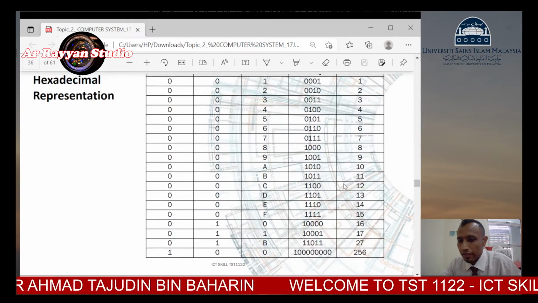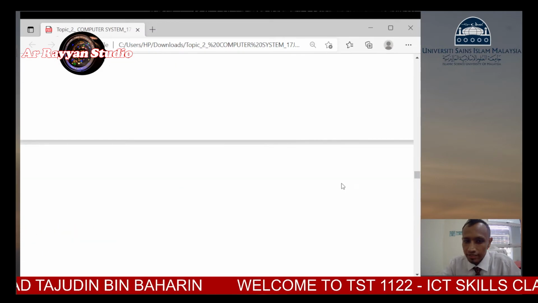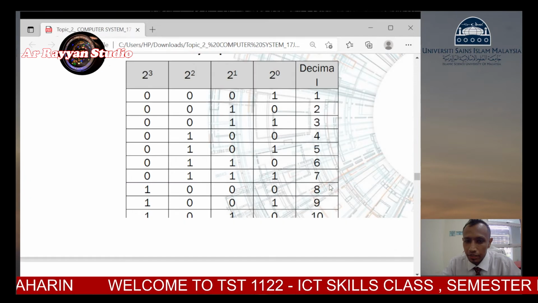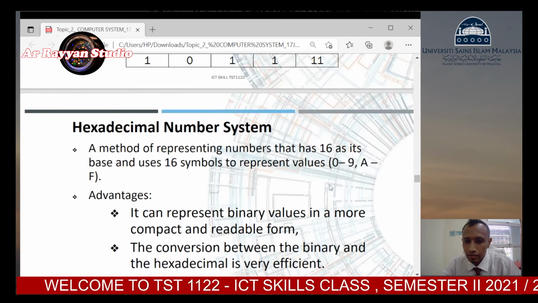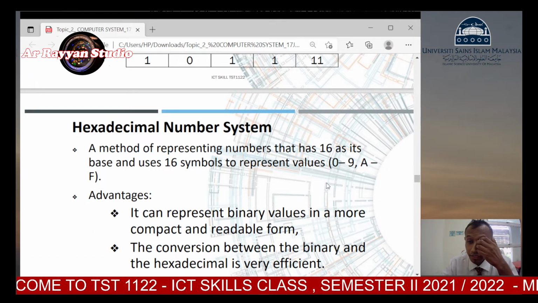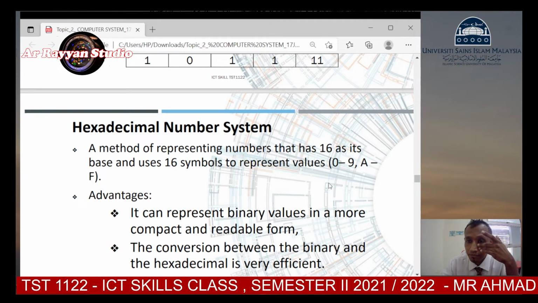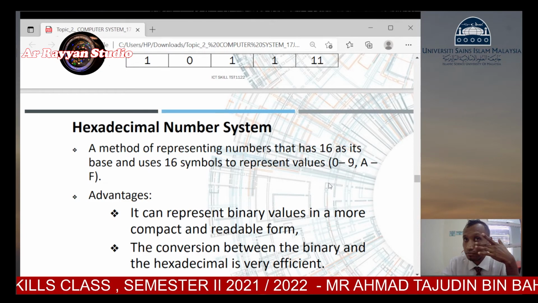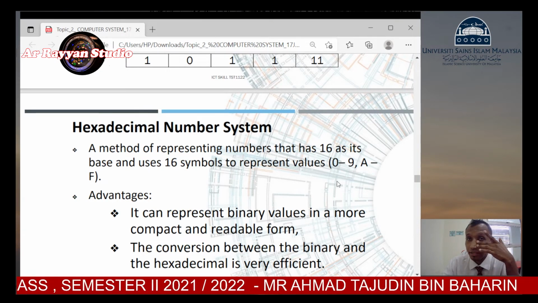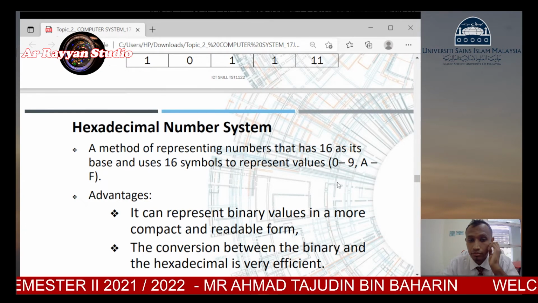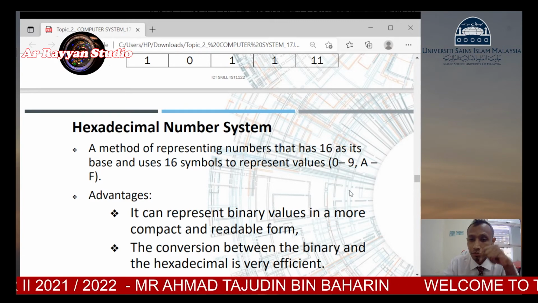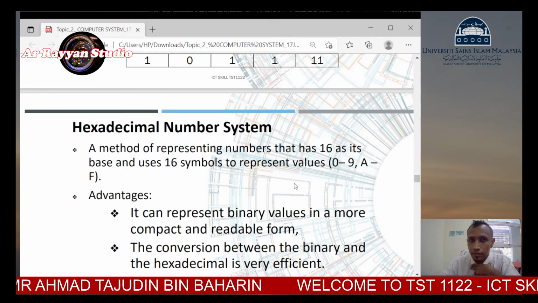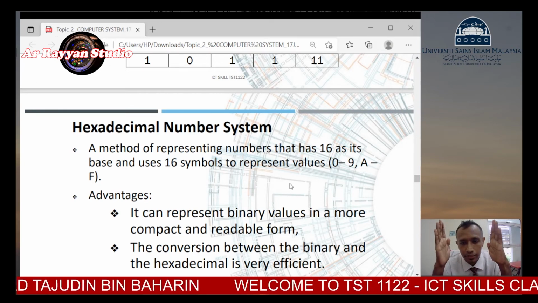So sebab apa wujudnya hexadecimal ni sebenarnya? Sebabkan binary number ni dia ada limit dia. Okay, so bila dia terlebih pada limit, dia akan jadi macam nak kata error tak error, tapi dia macam mengelirukan. Okay, komputer mungkin boleh baca, tapi kalau human macam kita tak boleh baca. Alright, katakanlah dia ada 8 bit kan, dia ada 8 nombor.